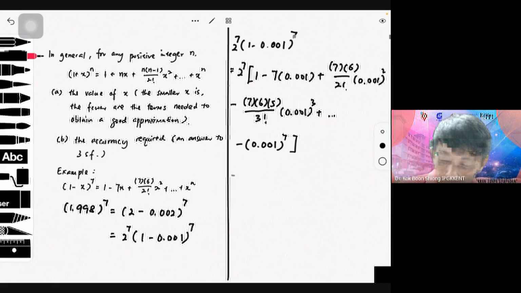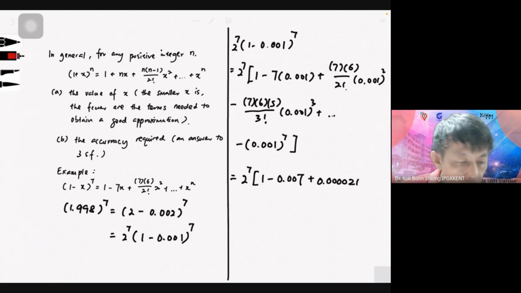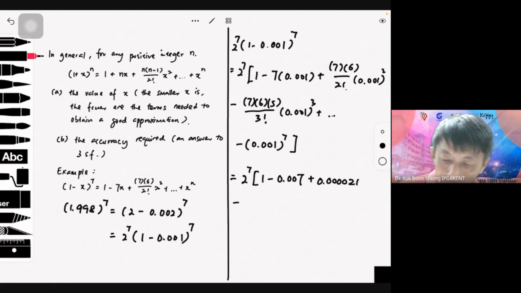So this is equal to 2 to the power of 7 times (1 minus 0.007 plus 0.00021 minus 0.0000035).